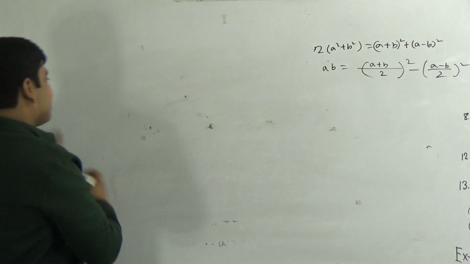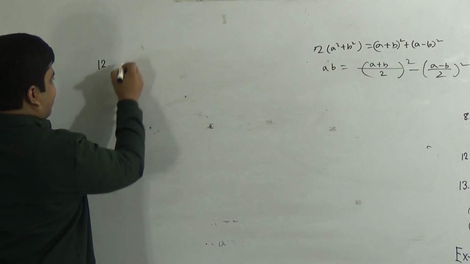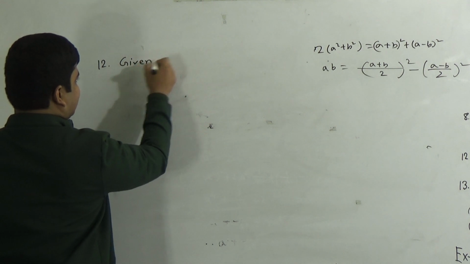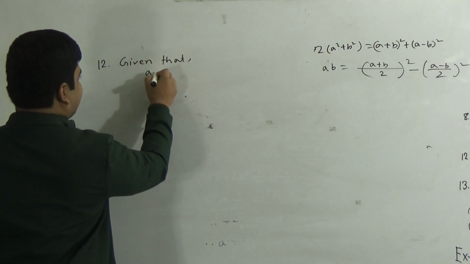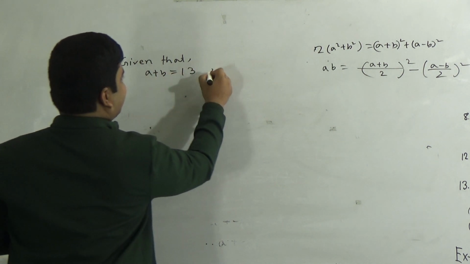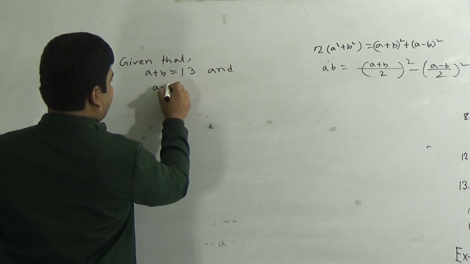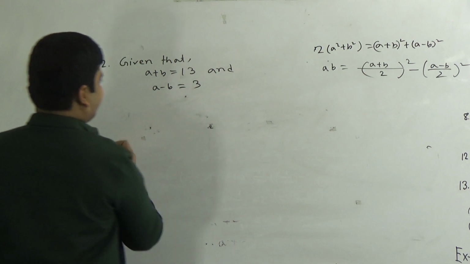Question number 12. First of all, we write given that a plus b equals 13 and a minus b equals 3.